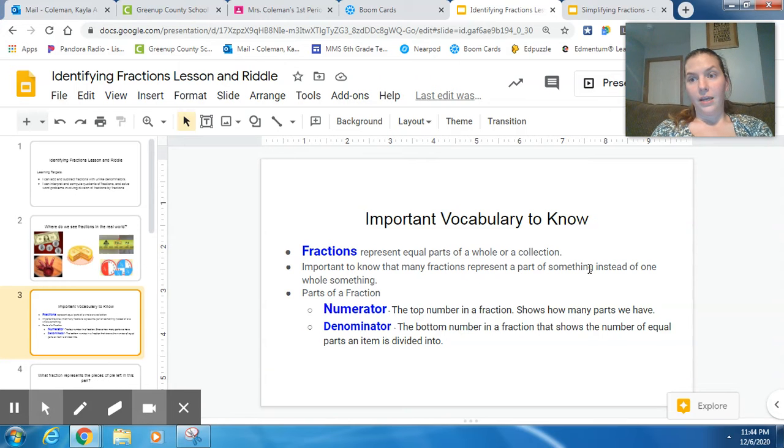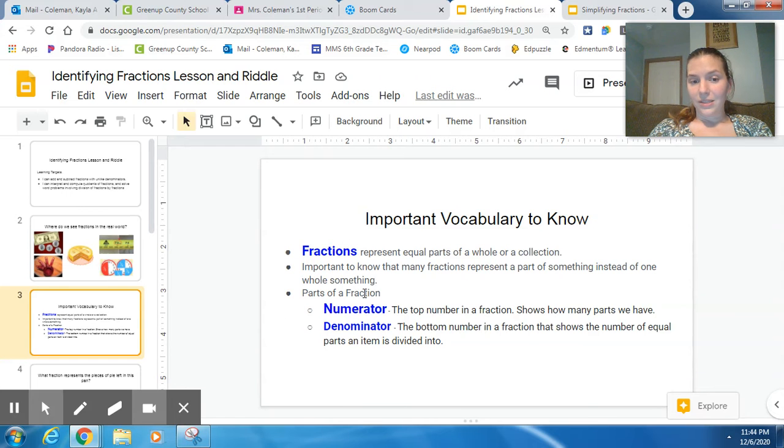Where a fraction can be one whole, usually it's just part of something. Maybe you have part of a pizza that you have left over. Maybe you have a certain amount of money that you have to pay back. There's many different parts to fractions.